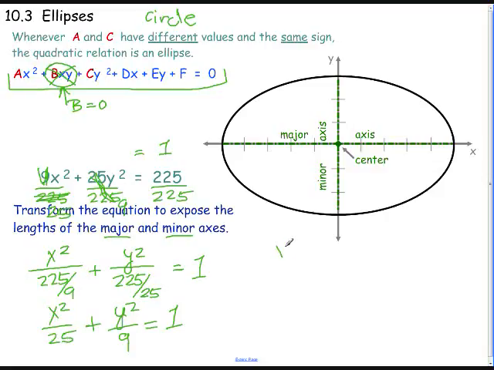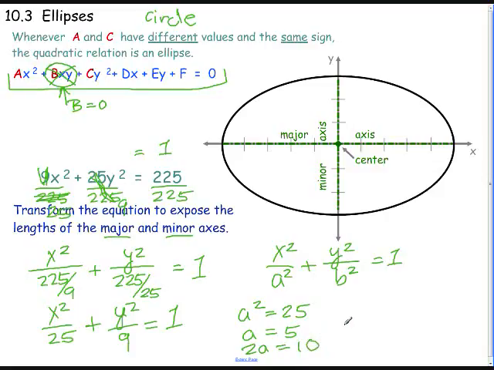So if we wanted to think about it in a general form, I would write it like this. So what is my a? Well, a squared is 25. So my a is 5. And my major axis, it's 2 times that, or 10.